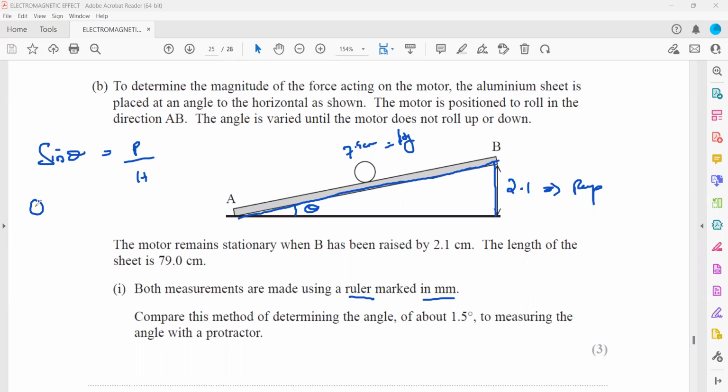Theta equals sine inverse of perpendicular, which is 2.1, divided by hypotenuse, which is 7.9. Not 7.9, 79 millimeters: 2.1 divided by 79, and take the sine inverse. So this angle is 1.52.